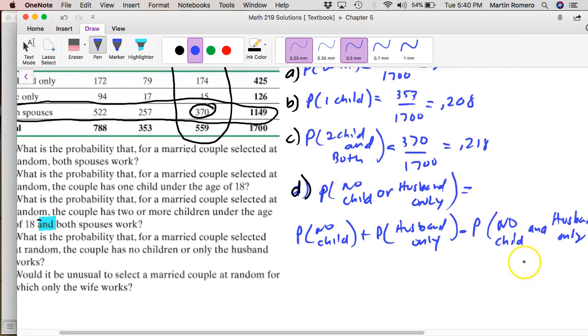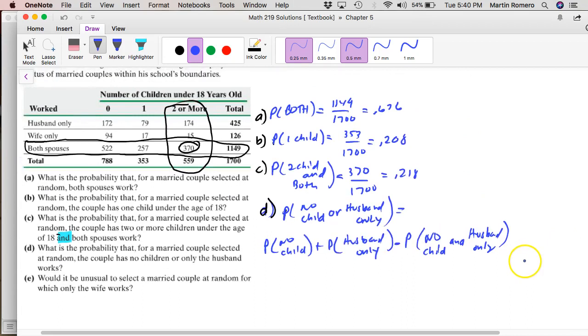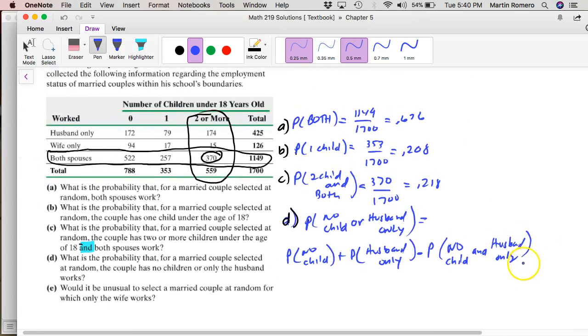Then we need to calculate those values. Let me see if I can zoom in better. There we go. Let's calculate the values here. What's the probability of no children? No children is here, so that's 788 over 1700, plus husband only. Husband only is across the top. That's 425 over 1700, minus the probability of no child and husband only.